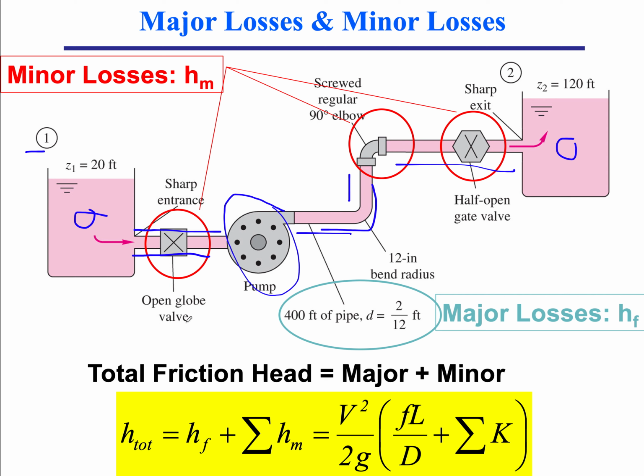So you have a valve, you have an entry fitting, you would have some fitting that connects you to the pump, maybe a reducer or an expansion. Same thing here. You'll have elbows, 90 degree elbows, and so on. You'll have other valves and some exit fitting.